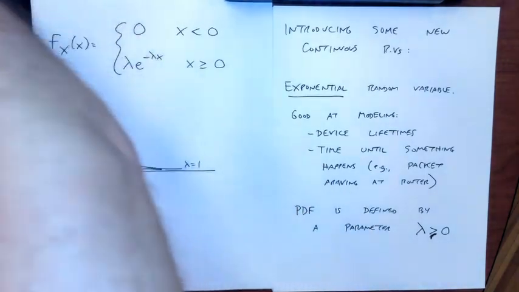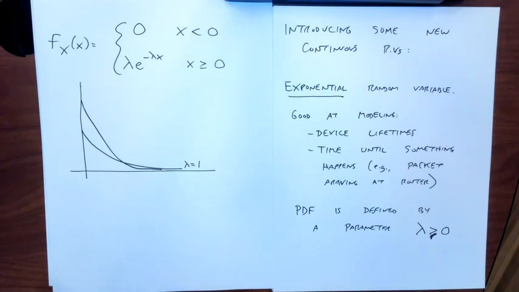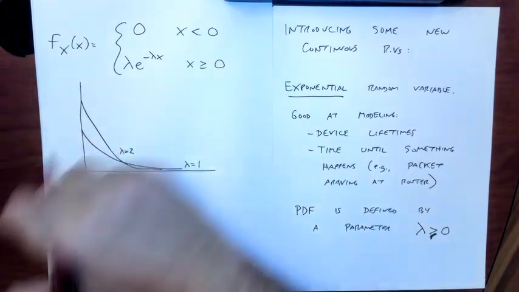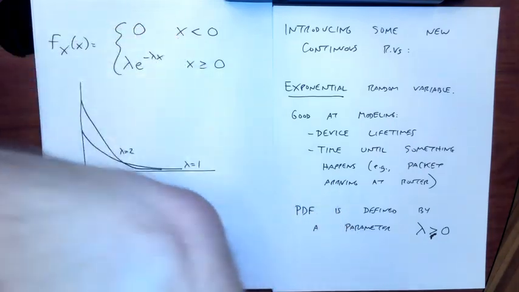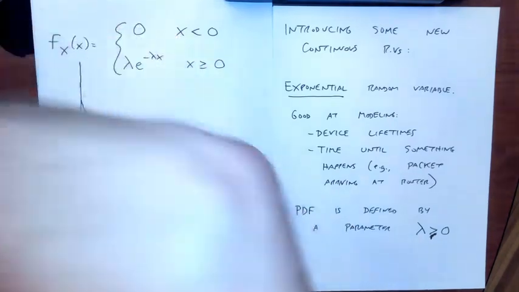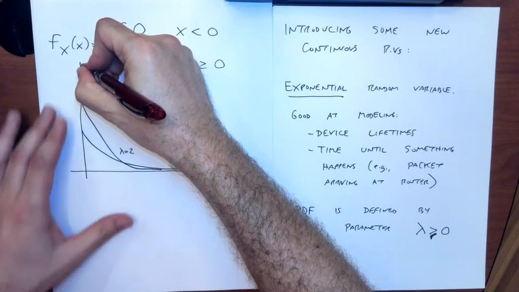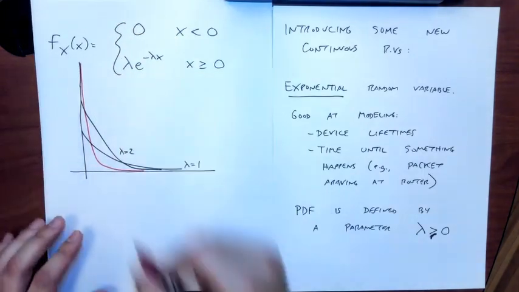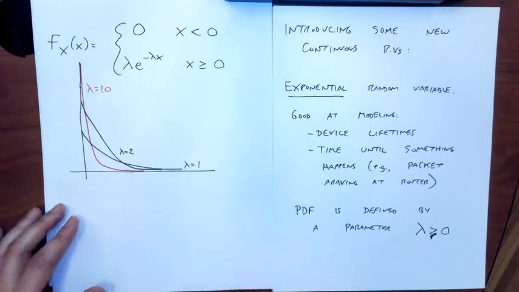In fact, I can use my array of colored pens, right? So this could be, for example, lambda equals 2, and then lambda equals 10 might look something, not drawn to scale, like something that really shoots down really fast and then goes to 0. So this could be like lambda equals 10, okay?